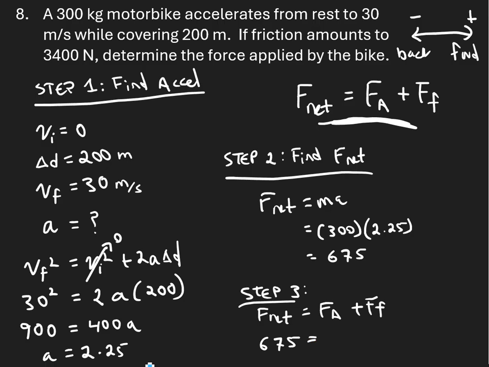Our applied force we don't know, but we want to know it. And our force of friction is given in the question. It's 3,400 newtons. We know that's got to be a negative number. So we'll add that negative number on there. Okay, if we take 3,400 and add it to both sides, we're going to have solved this.